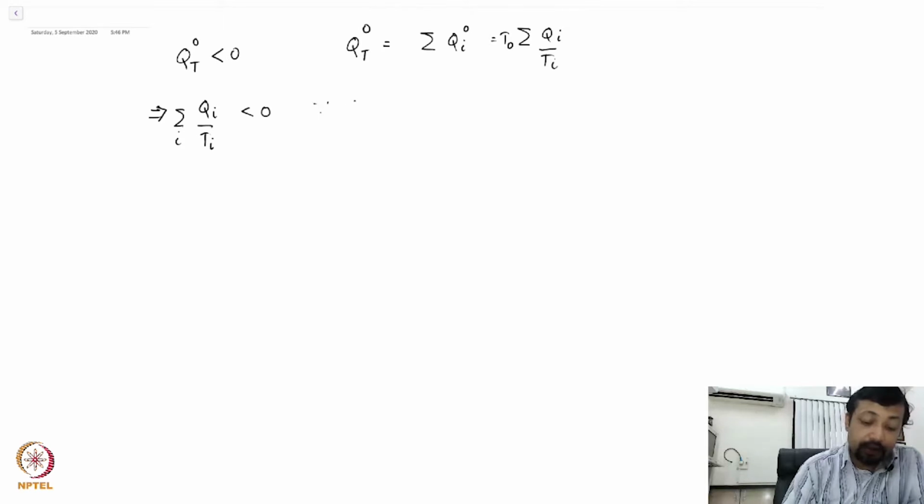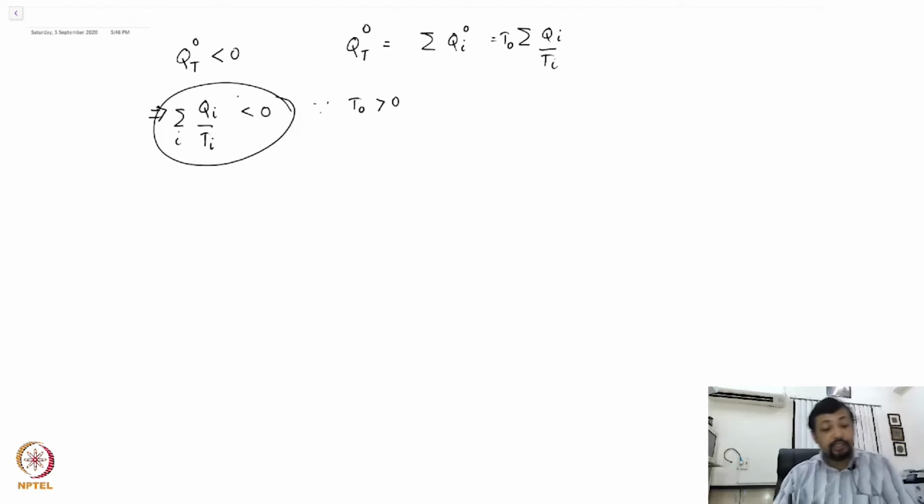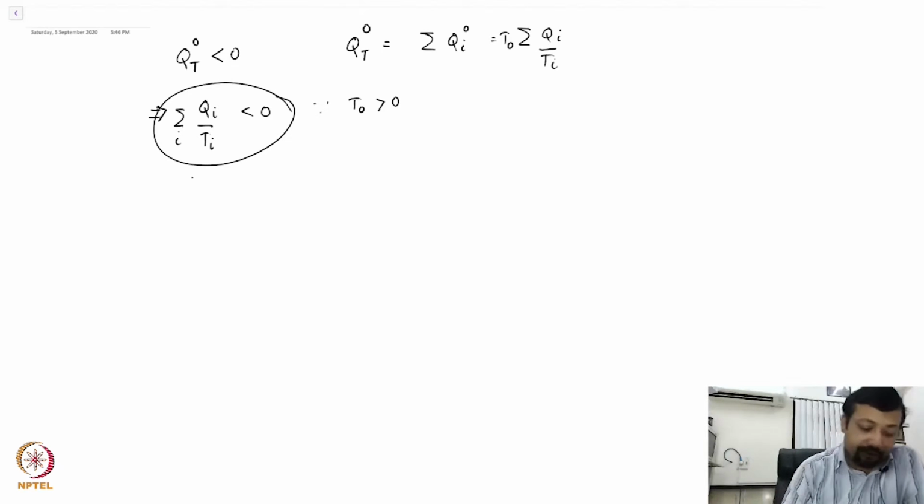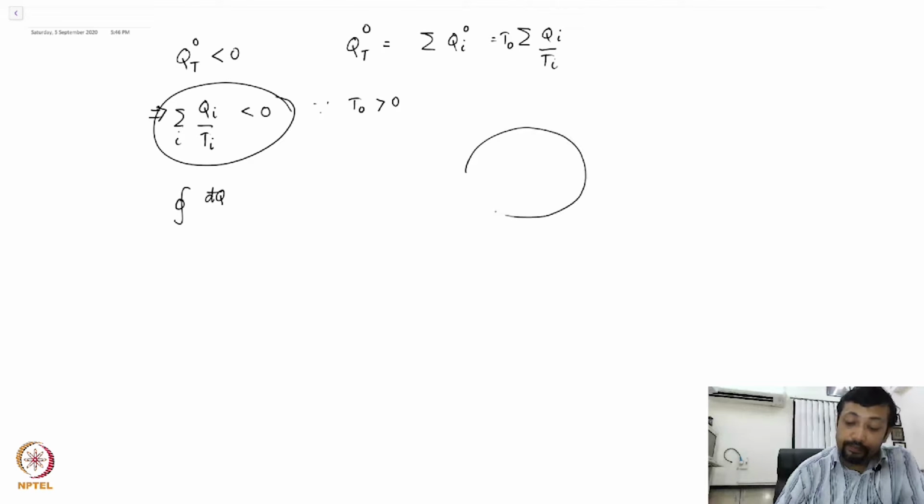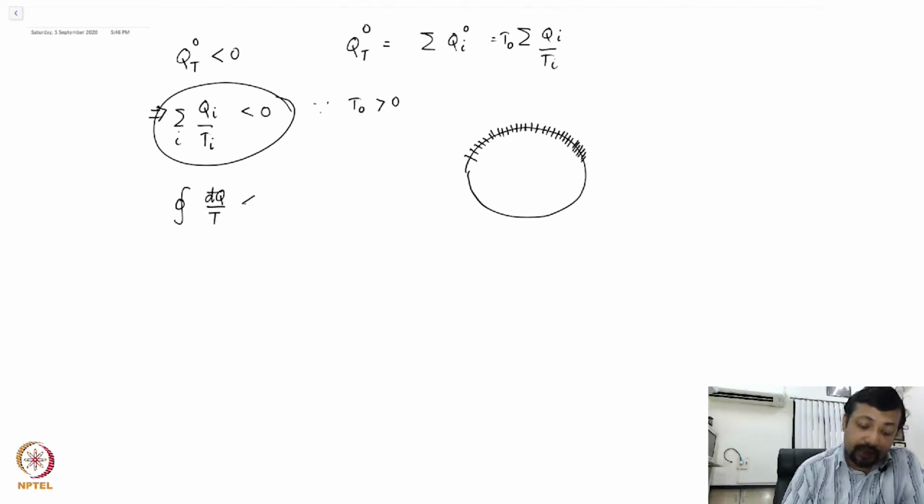Since T0 is a positive quantity, once you have this relation, you can imagine that all these heats are now infinitesimal heats. Therefore, I can write it in the more general case where I have the system and the heat transfers are infinitesimal, happening at different temperatures, so I can generalize this as less than 0.